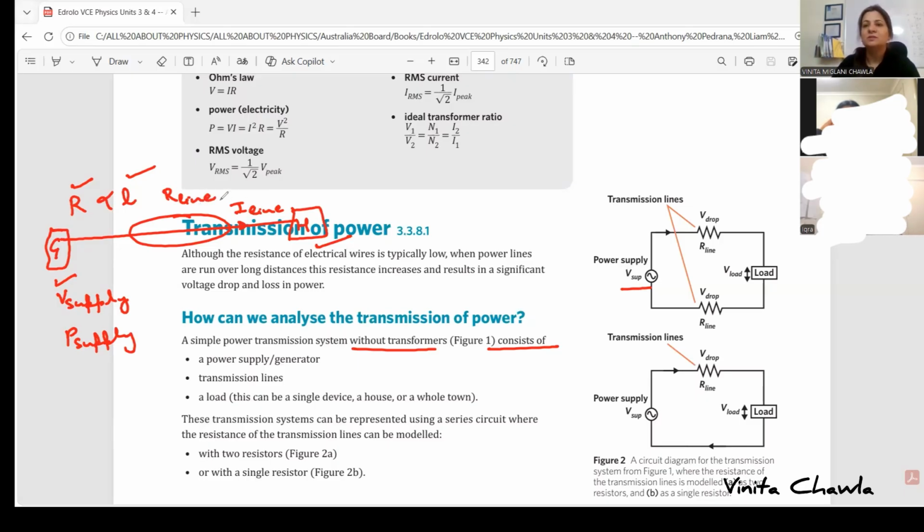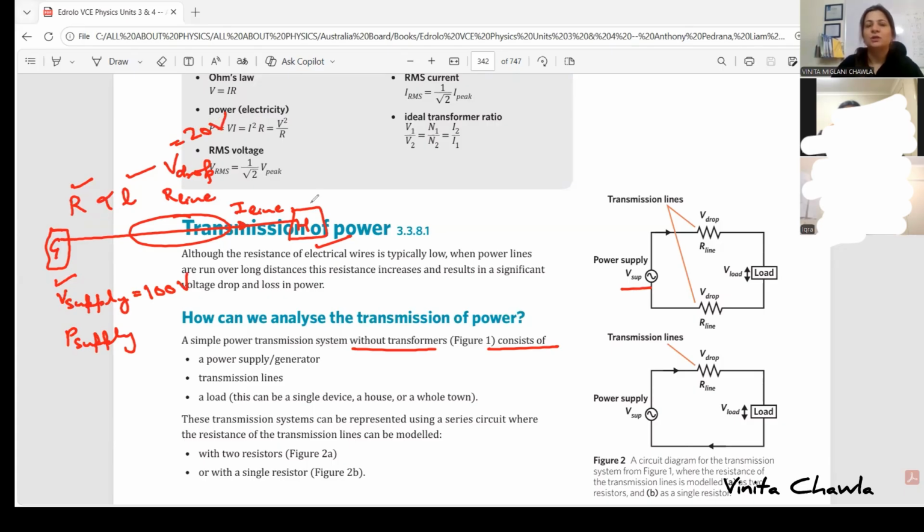And because of this, we get a voltage drop across it, right? So we can write V drop for the voltage drop that occurs in the transmission line. Let's consider an example. Suppose we have a voltage supply of 100 volt, and the voltage drop is 20 volt.